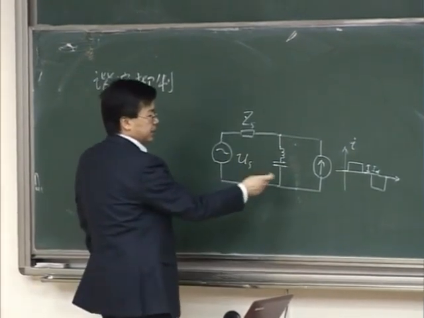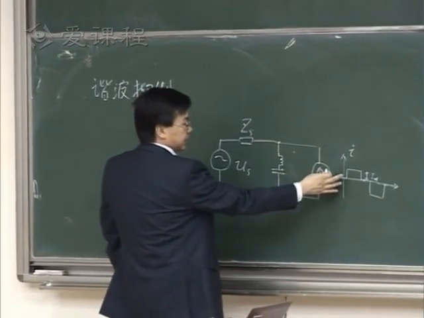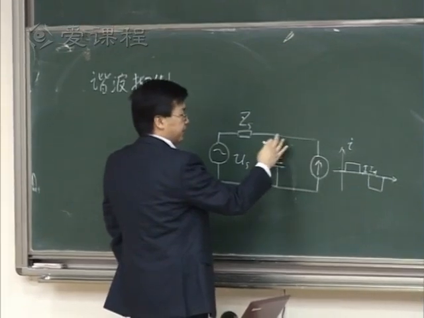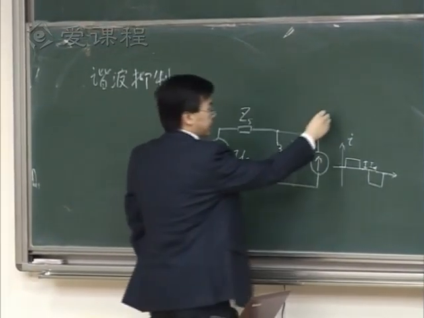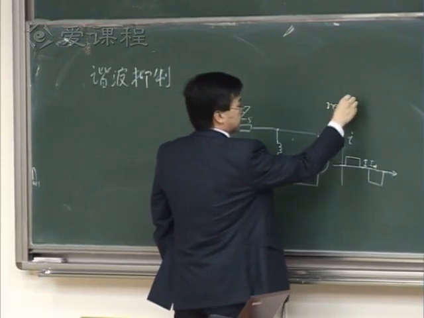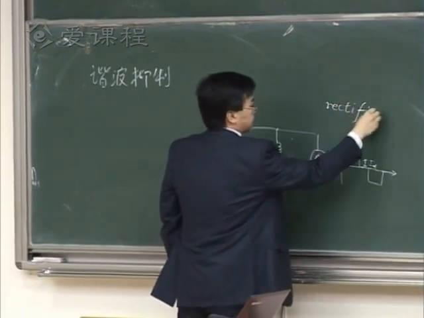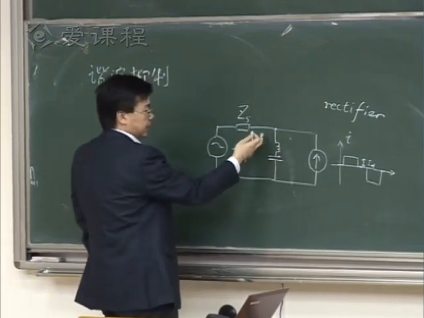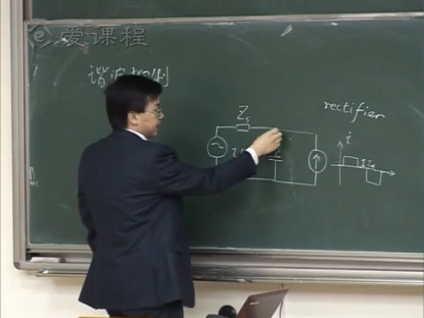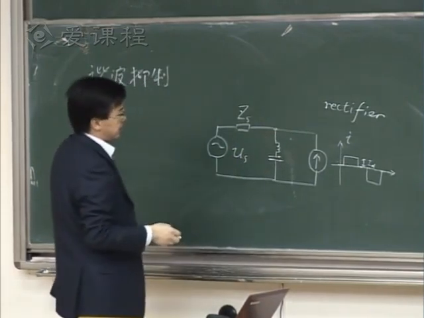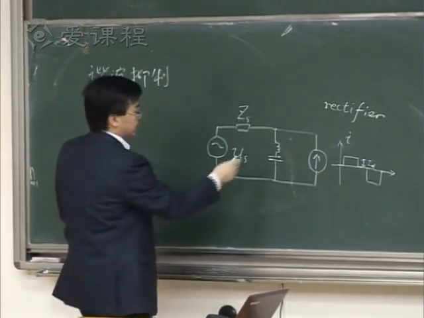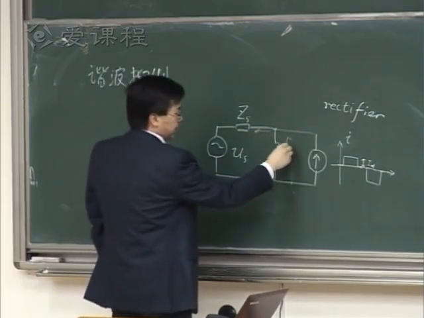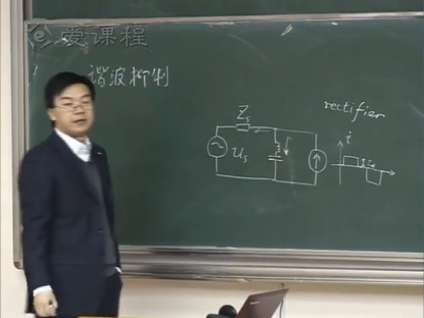When I put a filter here, then the AC current I generated from the rectifier will actually separate into two parts. One part is flowing into the utility. The other part will be flowing through this filter branch.